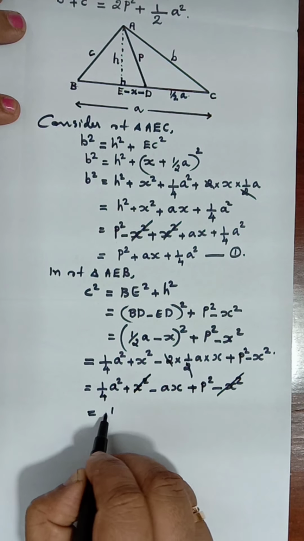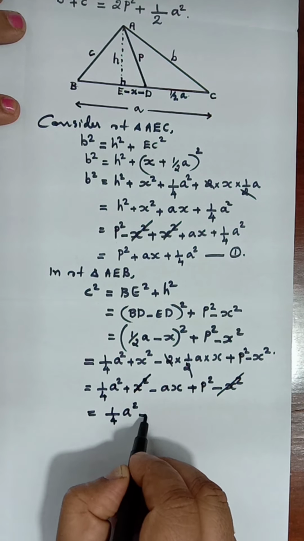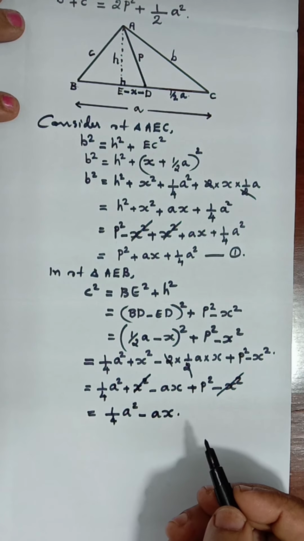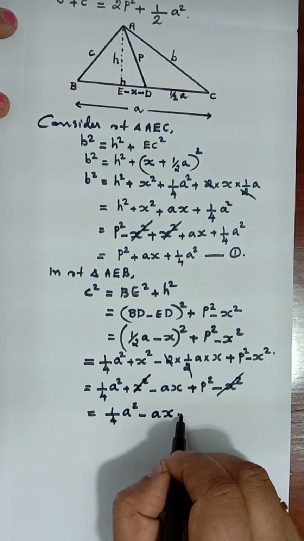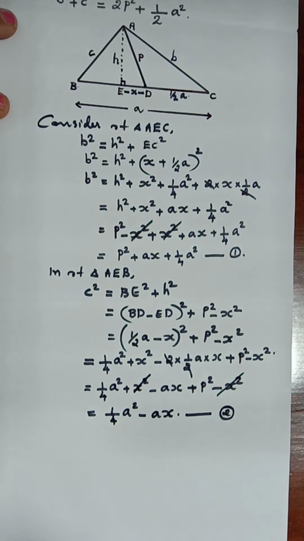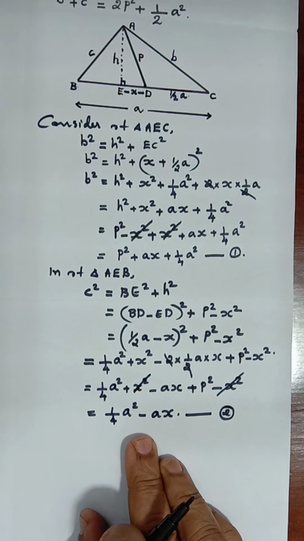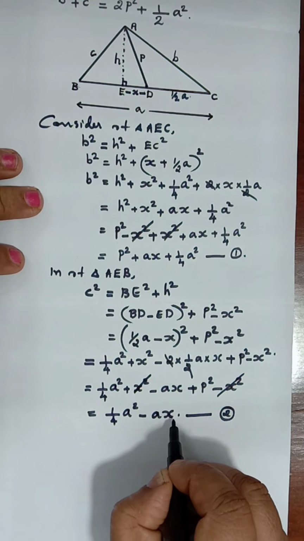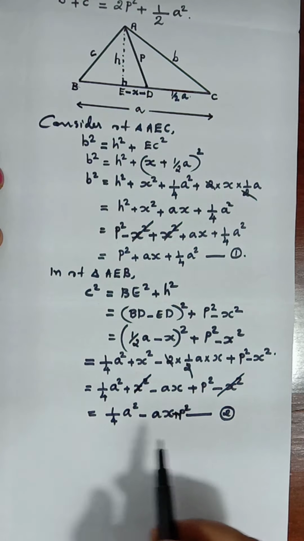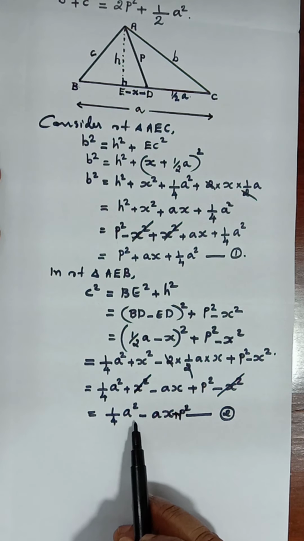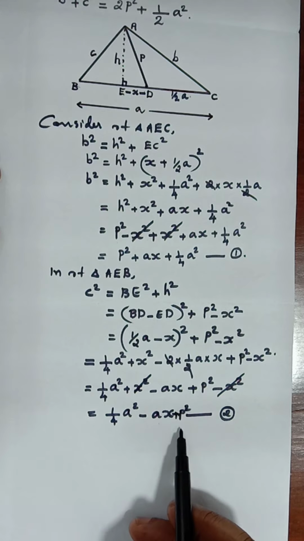We are left with 1 by 4 A square minus AX. So now we got equation number 2 also. In equation number 2 we have 1 by 4 A square minus AX plus P square.